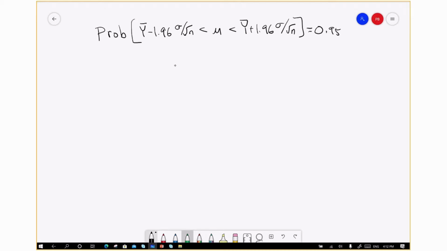And we can think of these as random variables. We can think of this as the upper limit and the lower limit.